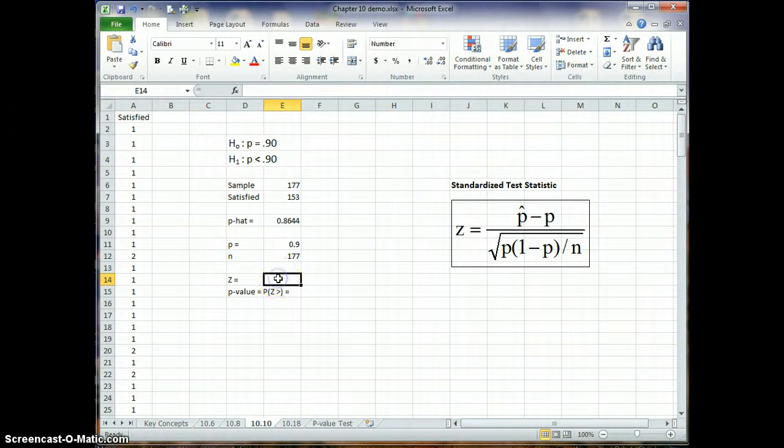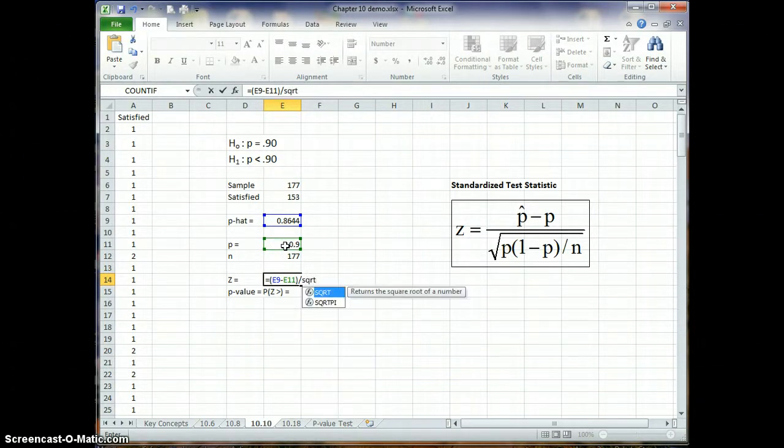So let's do the calculation for z, and in this case it's going to be equal to p hat minus p, divided by the square root of p times 1 minus p divided by n.